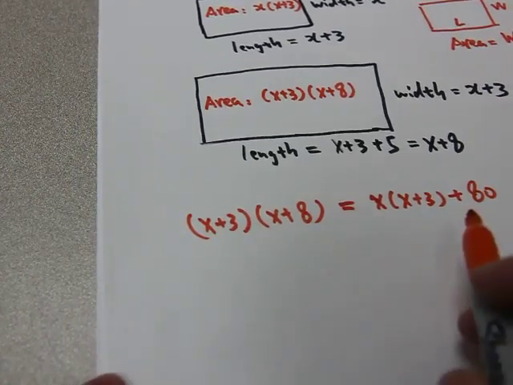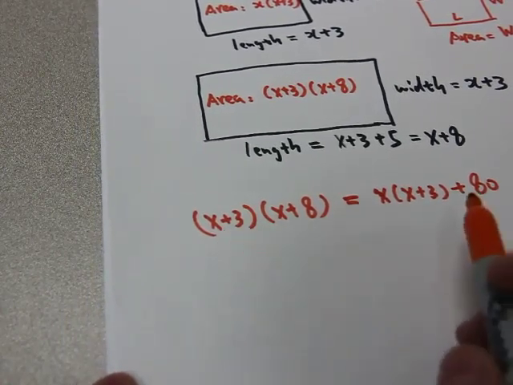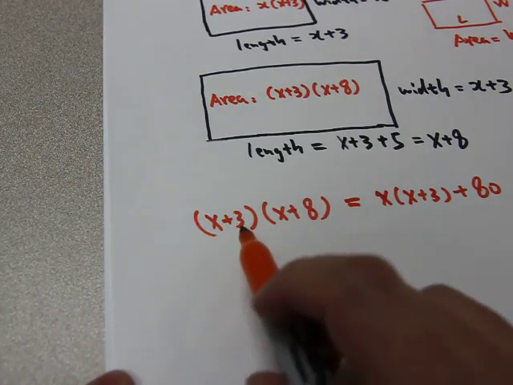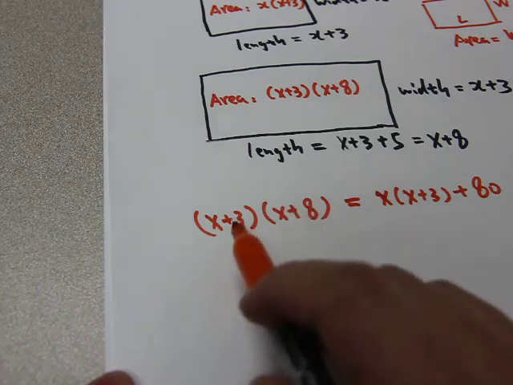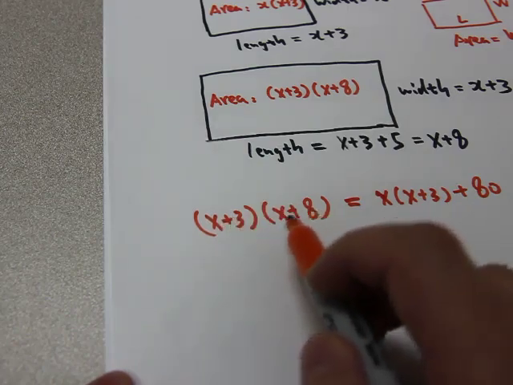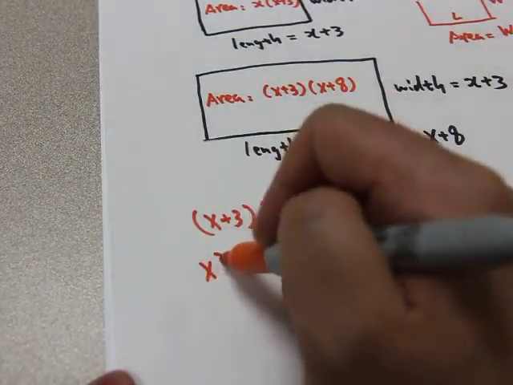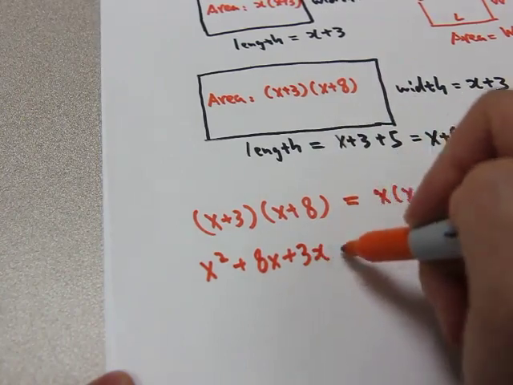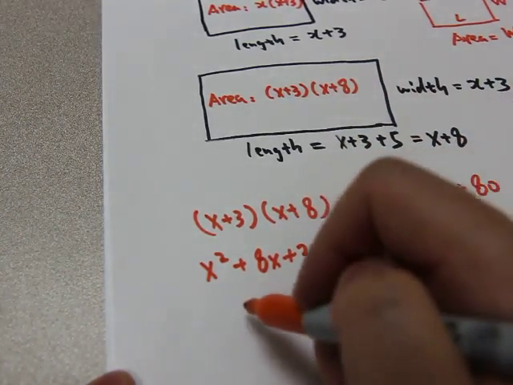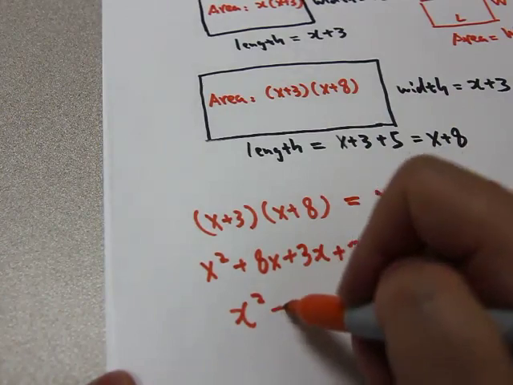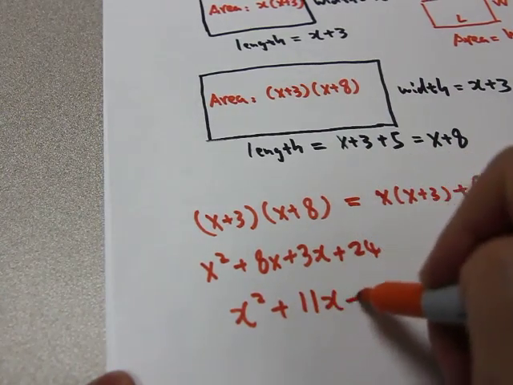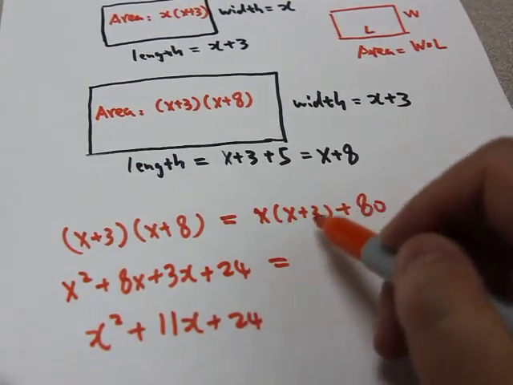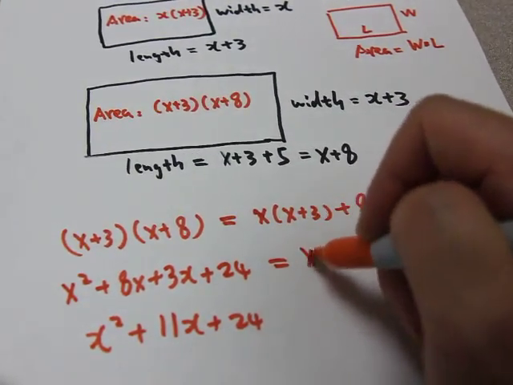And before we solve this equation, we notice that we need to simplify both sides. So to simplify the left-hand side, we multiply x plus 3 by x plus 8. So we have x squared plus 8x plus 3x plus 24. This is x squared plus 11x plus 24. Now on the right-hand side, we distribute x into x plus 3.